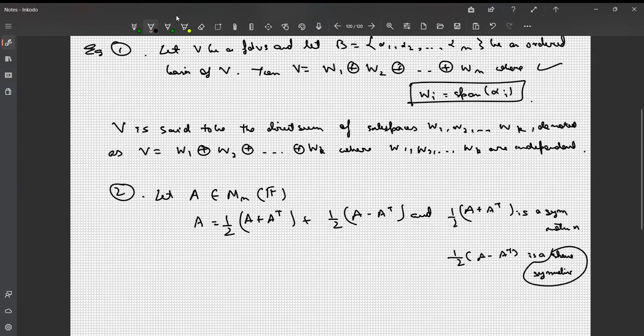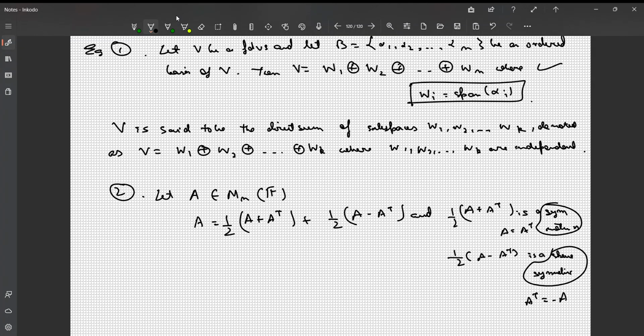Skew symmetric matrices are the ones where A transpose equals minus A, and symmetric matrices are the ones where A equals A transpose. Okay. Now one more thing to observe: any matrix that is both symmetric as well as skew symmetric is a zero matrix, right?